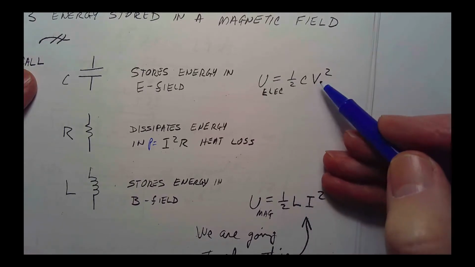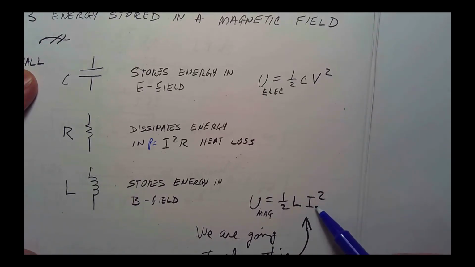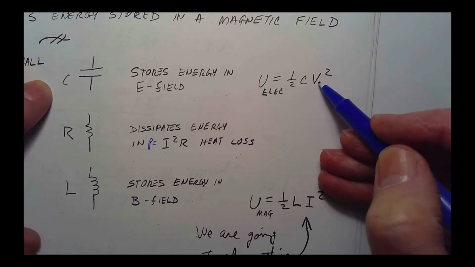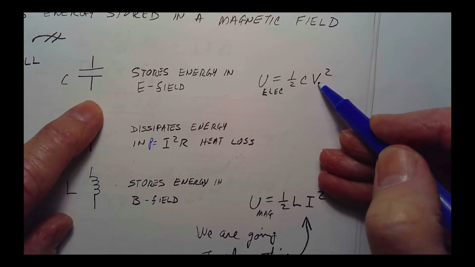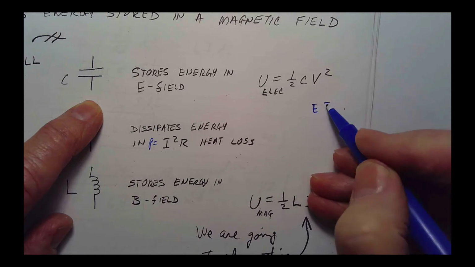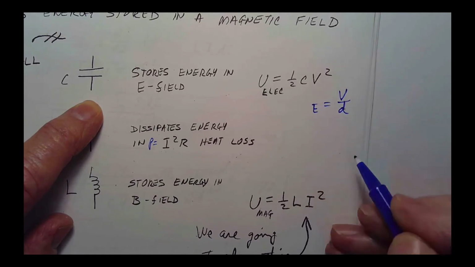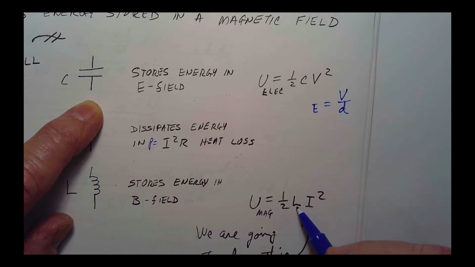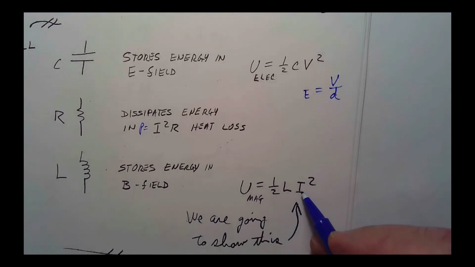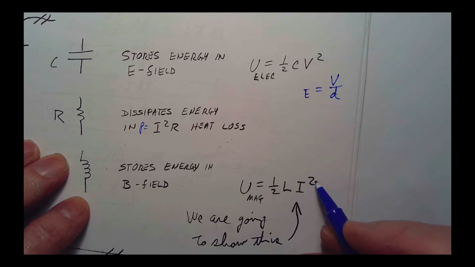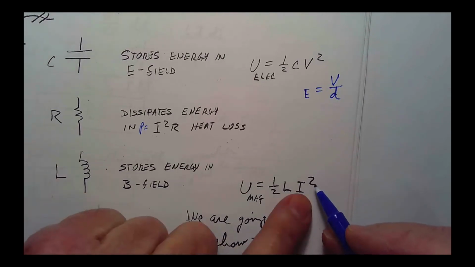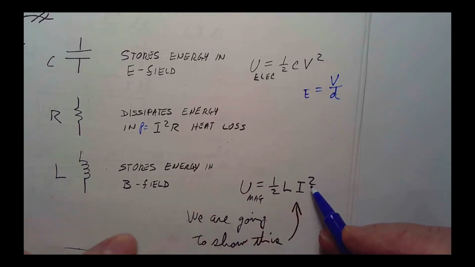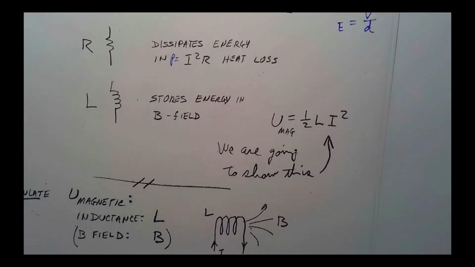And it's V squared here, and it's I squared here. And it's V here because V makes the electric field. The electric field is V over D for a capacitor. And the I here makes a magnetic field. And we're going to show that that energy is proportional to that B.